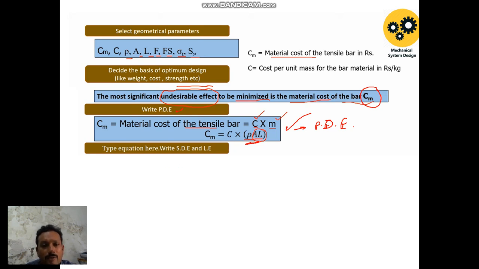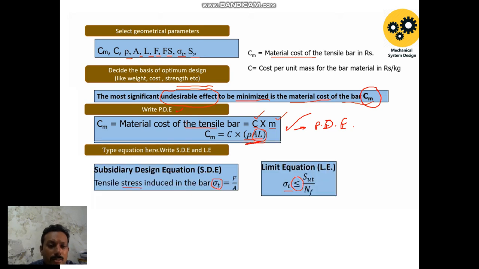The subsidiary design equation: the tensile stress induced in the bar is sigma t, and stress equals force upon cross section area, so sigma t equals F upon A. And we know that the limit equation for sigma t is equal to SUT upon NF, the ultimate tensile strength upon the factor of safety NF. So this is the SD equation and this is the limit equation.